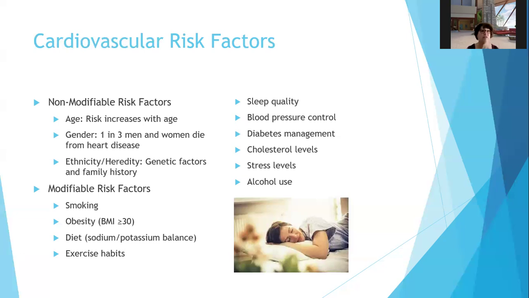Ethnicity and heredity factors, genetic factors, and family history. There are some genetic conditions. There's one genetic condition that's called familial hypercholesterolemia that causes people to maintain high LDL levels and low HDL levels. So LDL is the low density lipoprotein, and HDL is the high density lipoprotein.